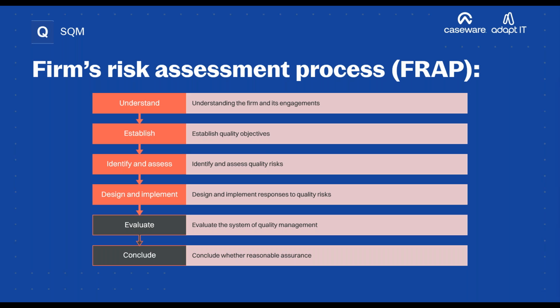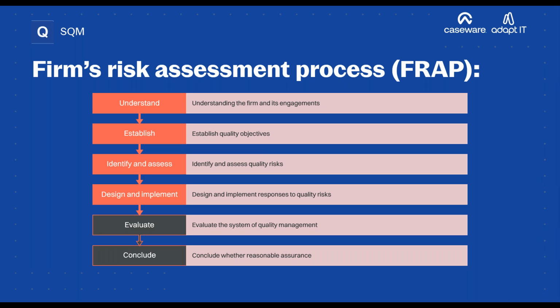A lot of the guidance in ISQM 1 says we need to consider all of this information about us as a firm in order to identify the risks, appropriately assess the risks, and develop the appropriate responses, because responses will look different in different firms, different services, and different areas that you operate in. And then to establish the quality objectives. We've already included the mandatory objectives, so you can of course establish additional ones if you want to.